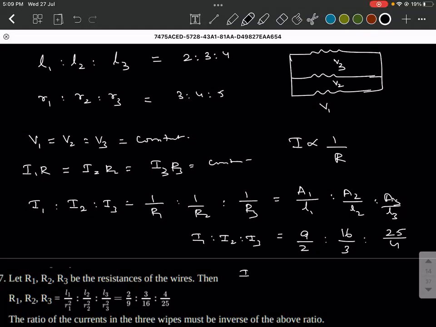So I1 plus I2 plus I3 is equal to 5. Can I write I1 as 9 by 2 K? Because it is not 9 by 2, rather it is 9 by 2 times some constant. So 9 by 2 times K plus 16 by 3 times K plus 25 by 4 times K is equal to 5. Can you find out the value of K and tell me? But before that, copy all these steps.